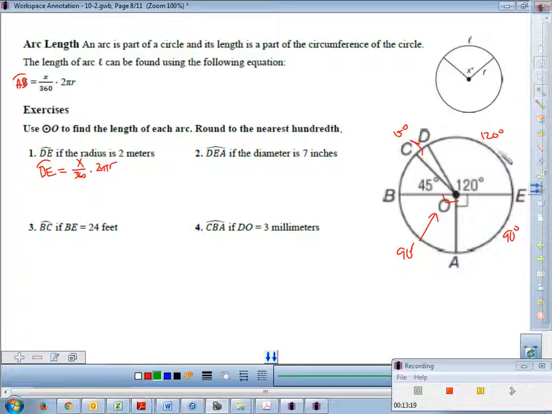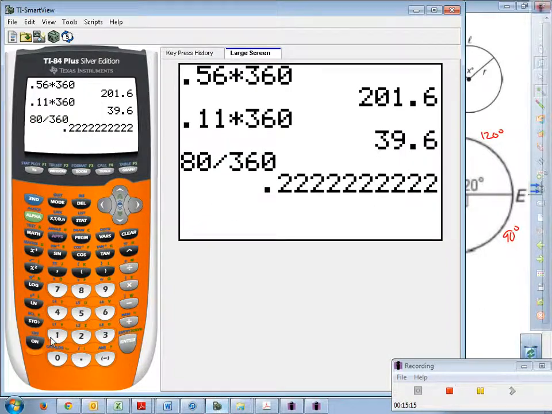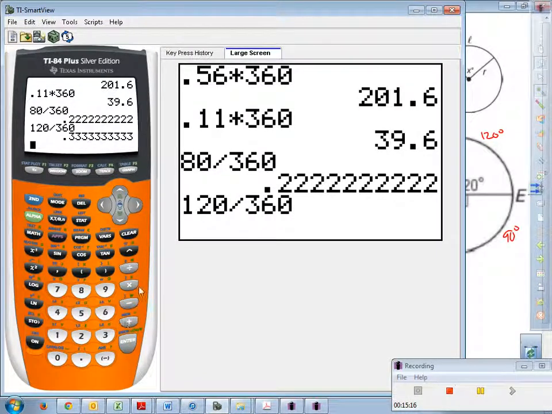I need arc DE, so I know the central angle measures 120. So the length of arc DE is going to equal 120 over 360 times, if the radius is 2, I'll do a little bit in my head and call that 4 pi. Punching this in the calculator is the hardest thing to do, so if everybody does it the same way, we'll be good. Take 120 divided by 360 and hit equals, and you get 0.3 repeating.